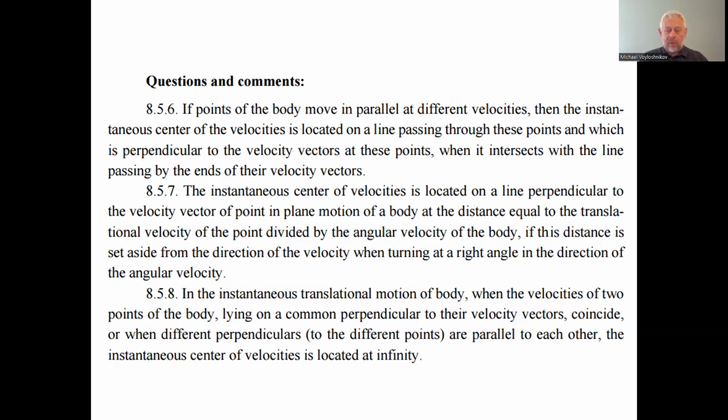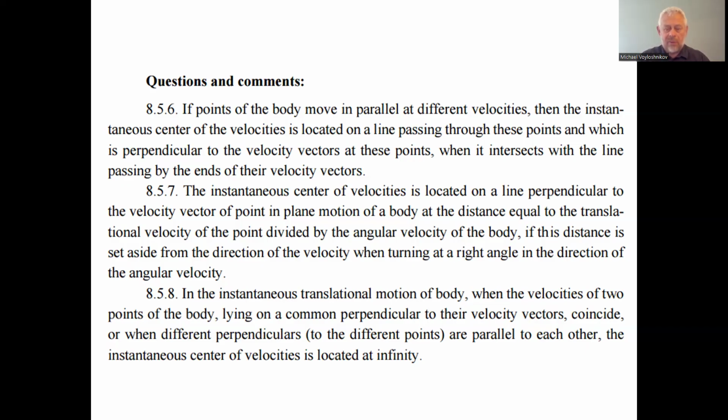If we have the velocity of one point of the body, and we have the angular velocity of the body, the same for all points, then we can find the instantaneous center of velocity on the perpendicular to the direction of the velocity of this point, at a distance equal to this velocity divided by the angular velocity of the mechanical body rotation.